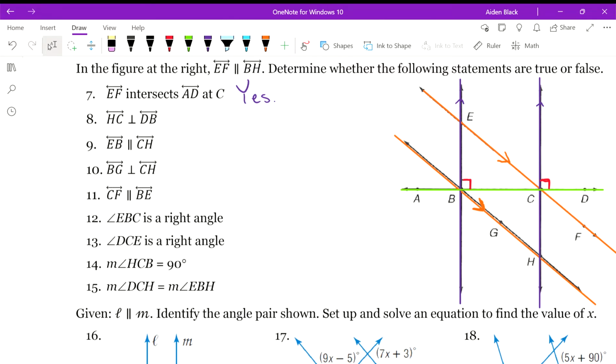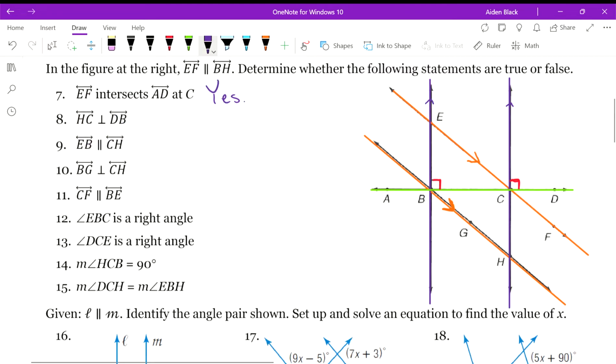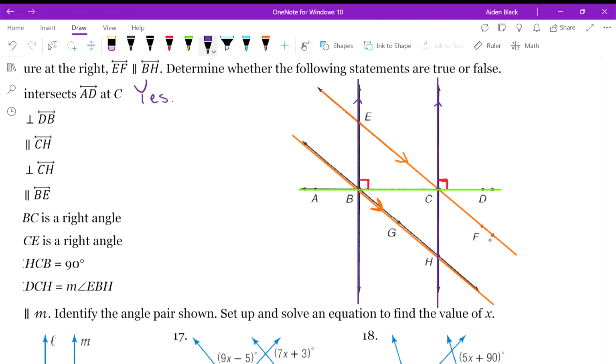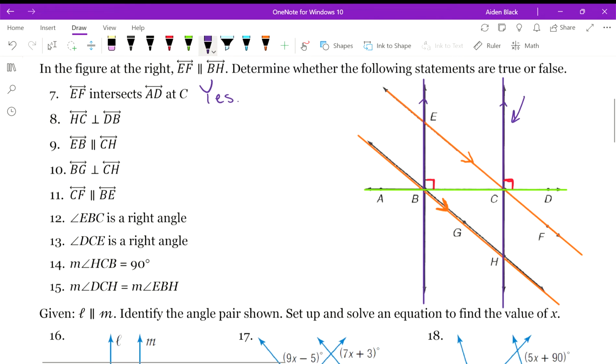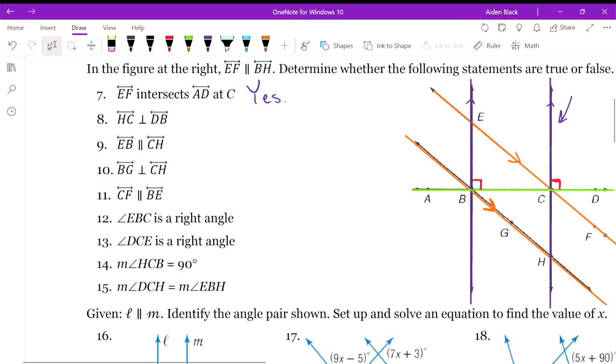So we can assume that it intersects AD at point C. HC is perpendicular to DB. Let's check this out. HC is this purple line here, and we want to know if it's perpendicular to DB. DB is this green line here. And quite clearly we see that it creates a 90-degree angle. And since it creates a 90-degree angle, we know by definition of perpendicular lines that, yes indeed, these are perpendicular.